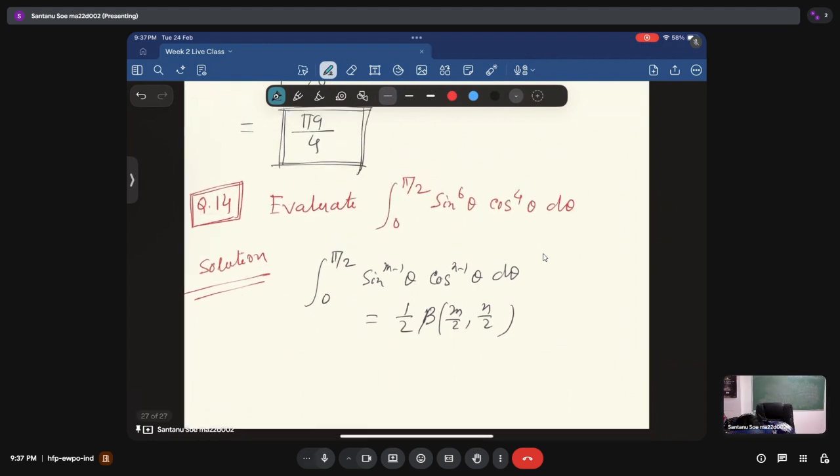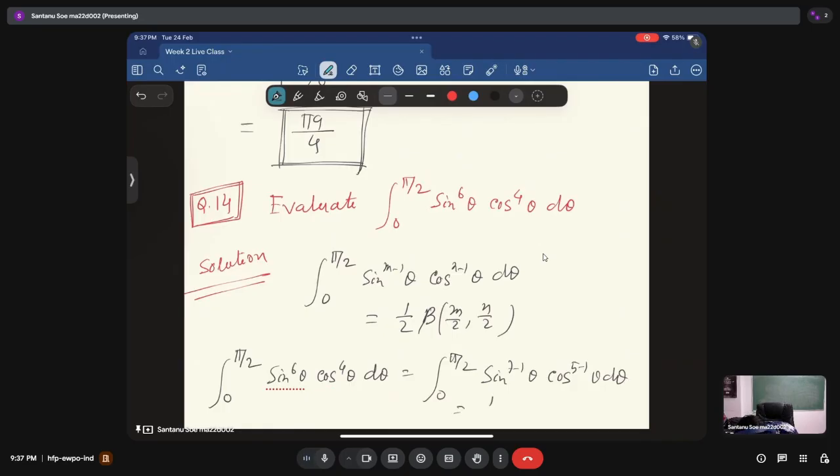So now we can write 0 to pi by 2 sine to the power 6 theta cos to the power 4 theta d theta as integration 0 to pi by 2 sine to the power 7 minus 1 theta and cos to the power 5 minus 1 theta d theta.